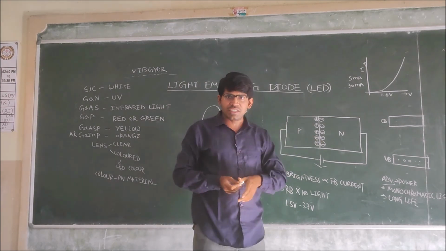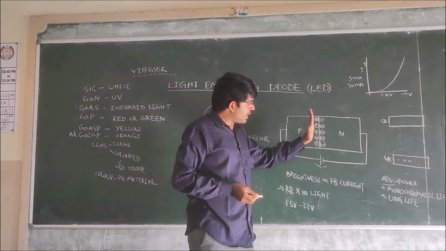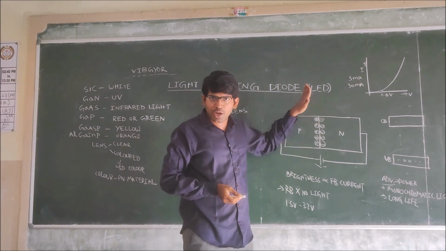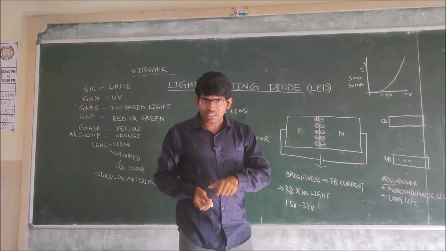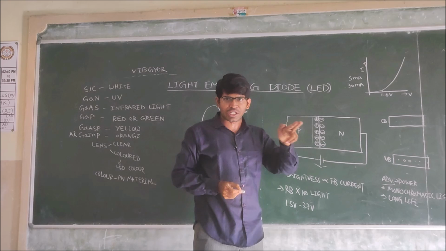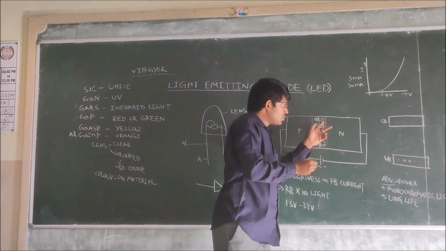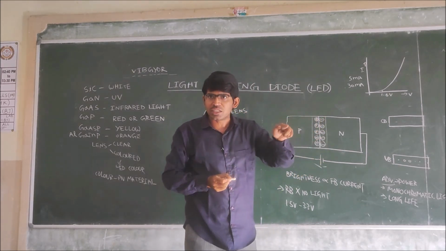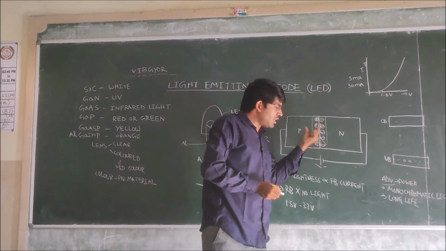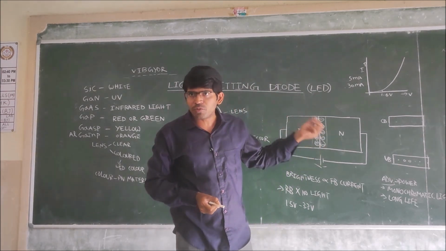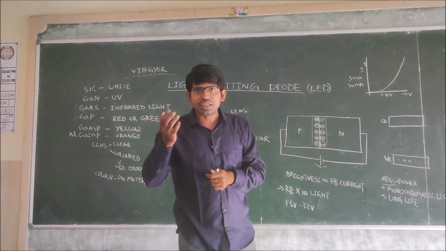This is the depletion region. It is forward biased, and on the P side you can observe positively charged ions. These are immobile charge carriers. Here you can observe immobile negatively charged ions. This region we have called by the name, what is the name of that region? Depletion region.